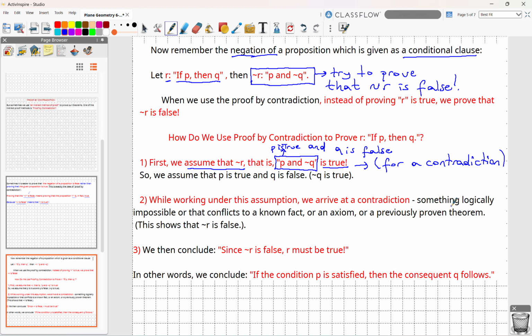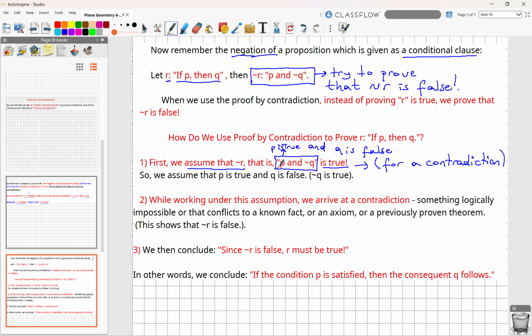So contradiction is something which is logically impossible. Or contradiction is something that conflicts with a known fact, or that conflicts with a known axiom. What may be this fact? It may be an axiom, or it may be a theorem which we have previously proven, and we know that it's true.